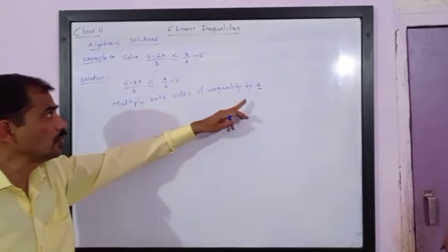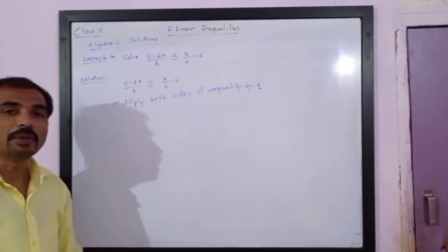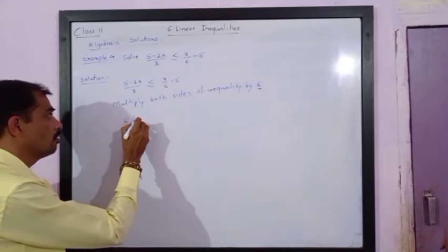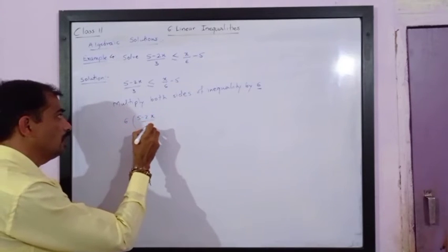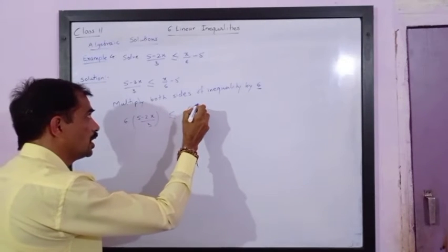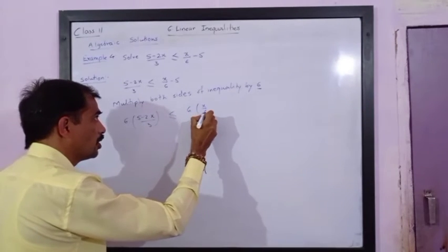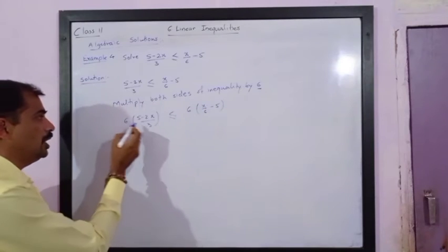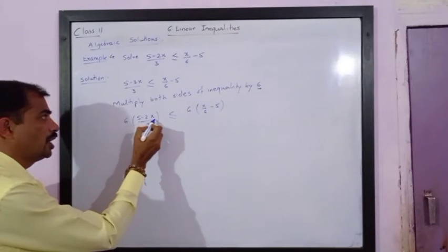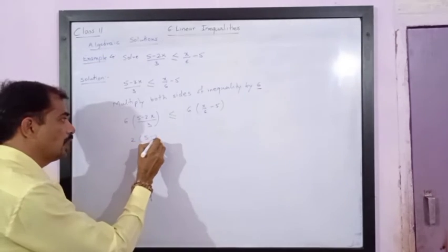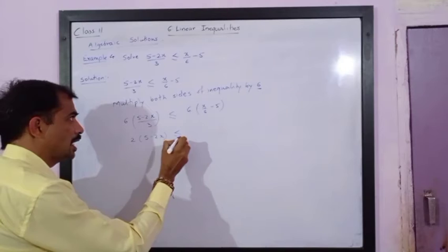So if it is a positive integer, the inequality remains the same. So you will get 6 multiplied by (5 minus 2x) upon 3 on the left hand side, is less than or equal to 6 multiplied by (x upon 6 minus 5). So this 3 is a common denominator to both, so we will get 2 multiplied by (5 minus 2x) is less than or equal to.